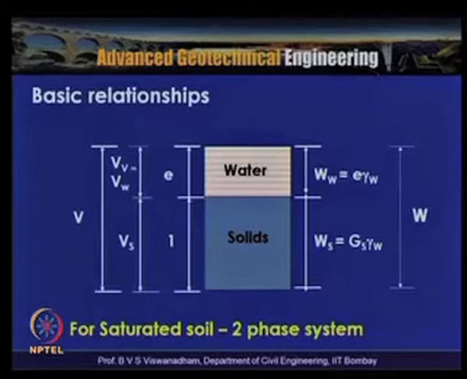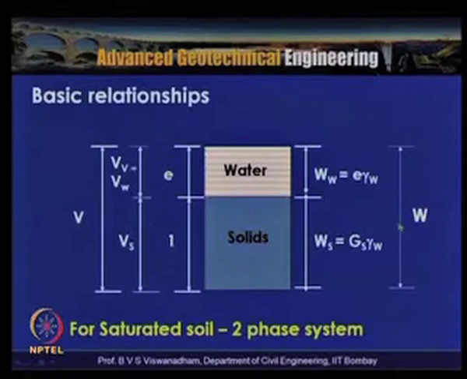is 0 here, and weight of water is equal to e gamma w and weight of solids is equal to Gs gamma w. So, total weight of the soil mass is equal to Gs gamma w plus e gamma w. So, from this, if you look into the volume scale, total volume is nothing but 1 plus e.